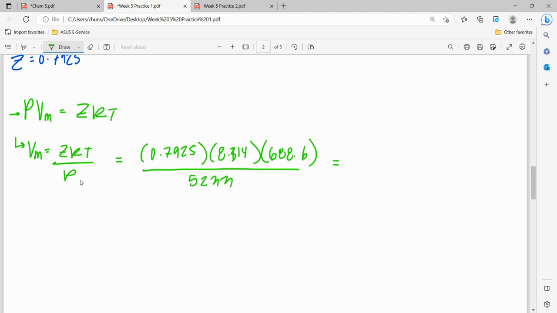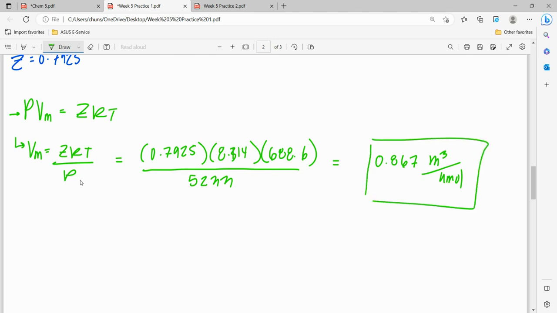And this gives us a molar volume of 0.867 meters cubed per kilomole. Right, because we're using kilopascals, that means we're also using kilomoles for our units.